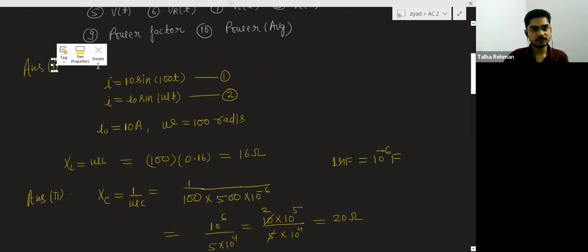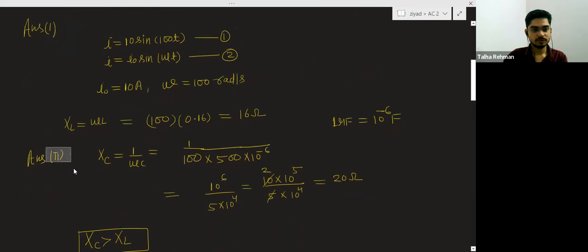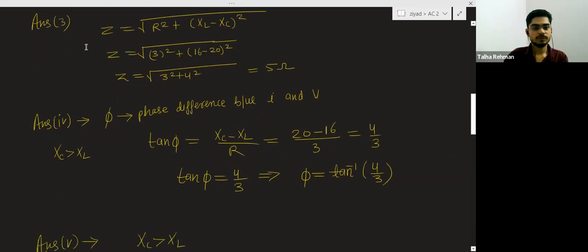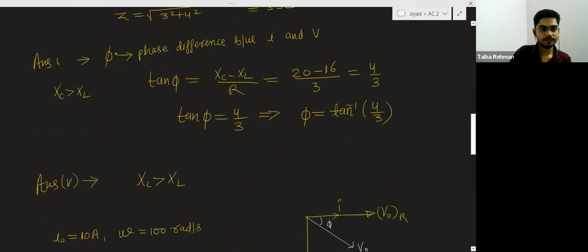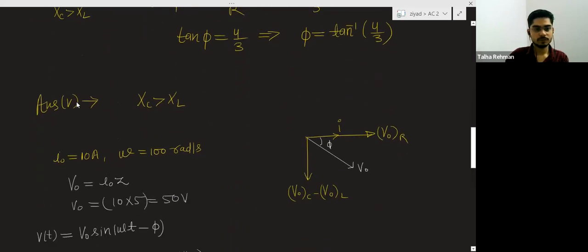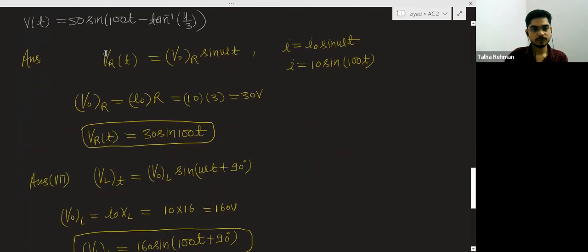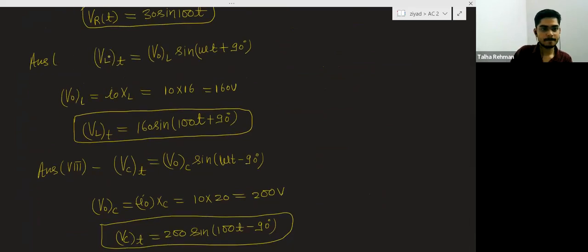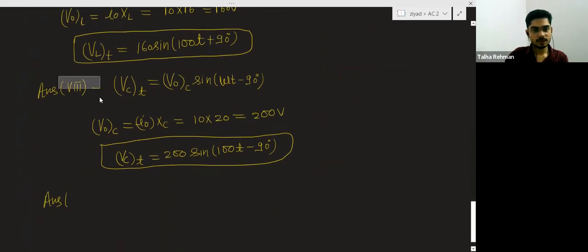This is 1, 2, 3, 4, 5, 6, 7, 8, and this is 9. In 9 they are asking power factor.